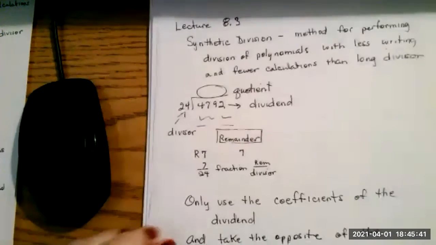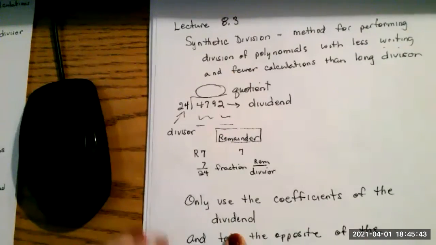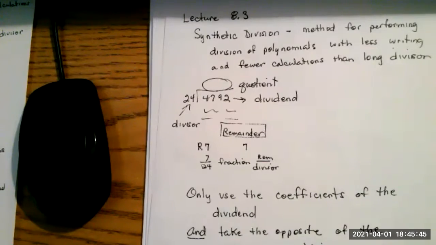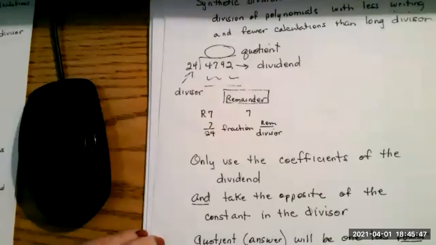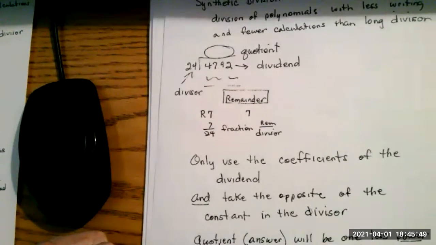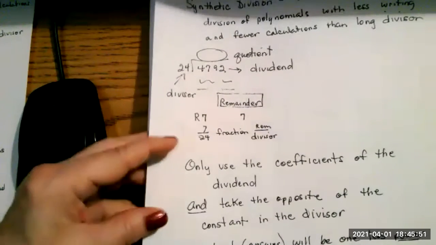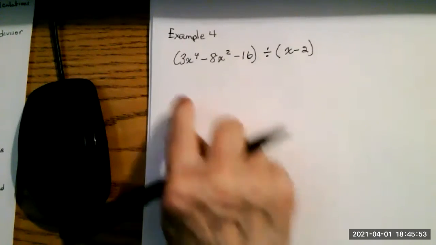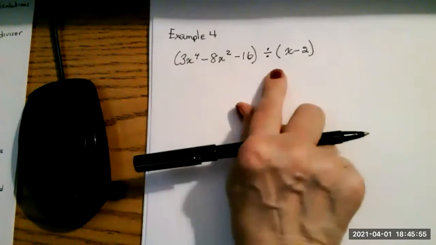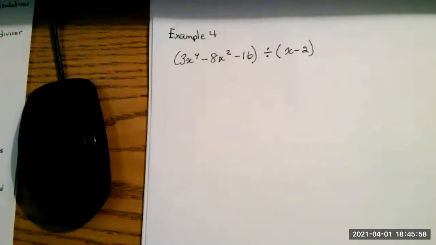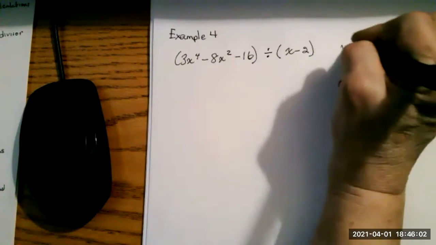It says only use the coefficients of the dividend, take the opposite of the constant, make sure it's in descending order, make sure there's no skipped terms. All right, do we have any skipped terms? Yes. Which one is skipped? Cubic.